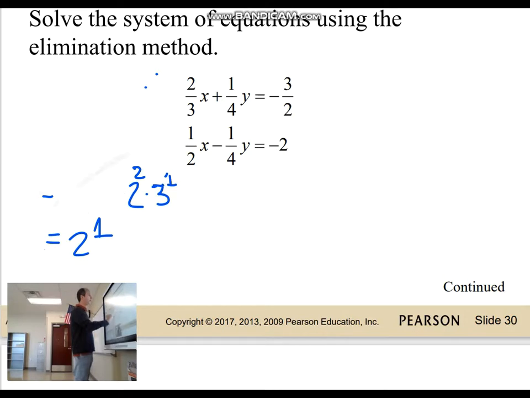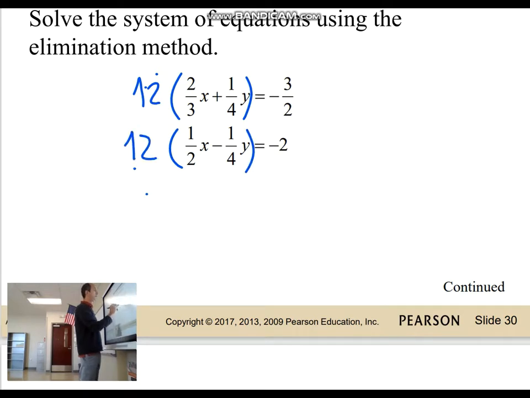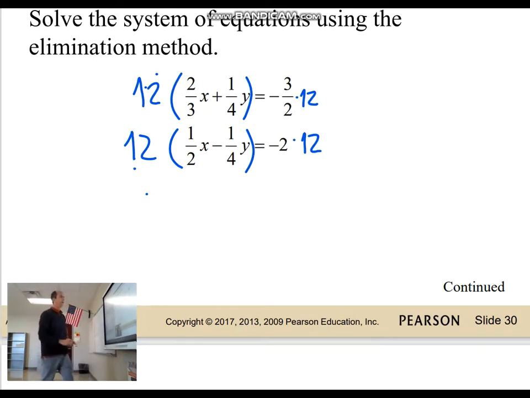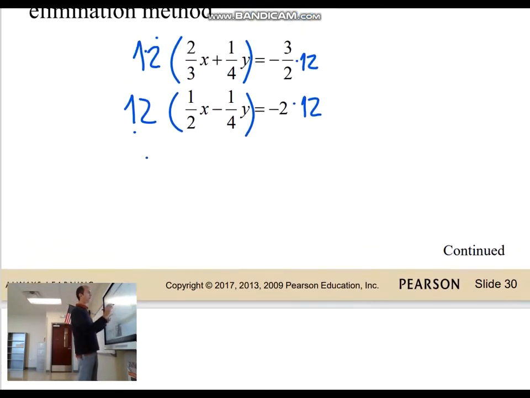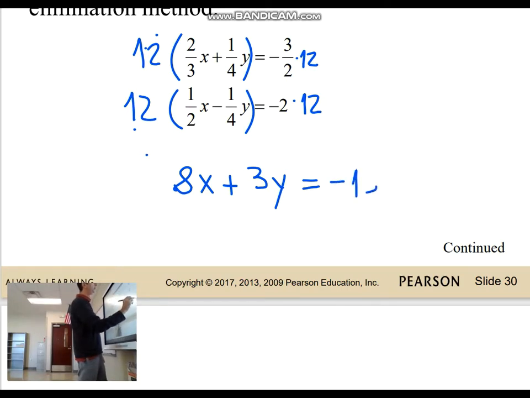Let me erase this so we don't get confused here. Multiply both sides by 12. And then we will have as a result 12 times 2, 24, divided by 3, 8, 8x. 12 times 1, 12, divided by 3, y, equals negative 3 times 12, negative 36, divided by 2, negative 18.